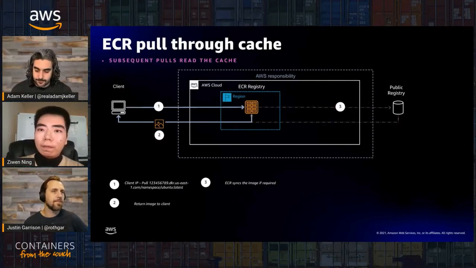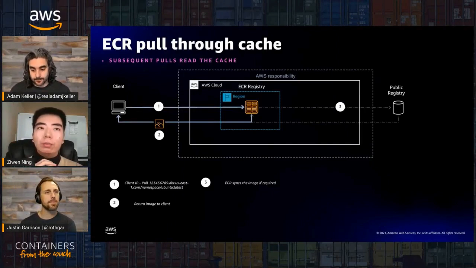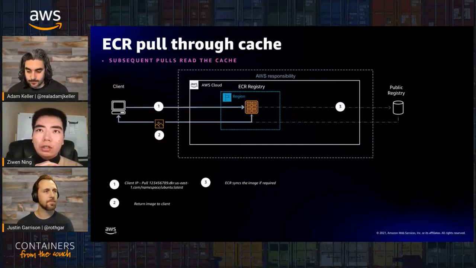For the subsequent pulls, after the images are cached in customer private ECR, the image will be directly downloaded from customer private ECR without going to upstream registries. For every pull, ECR will check if the image is stale for 24 hours. If it is, ECR will also start one job to asynchronously update the image, to make sure that the image tag is up to date.